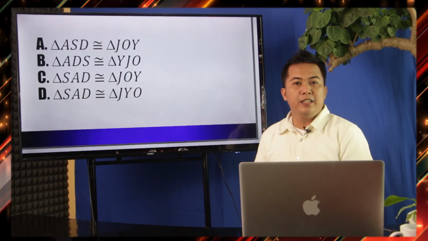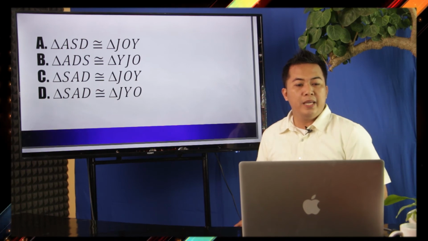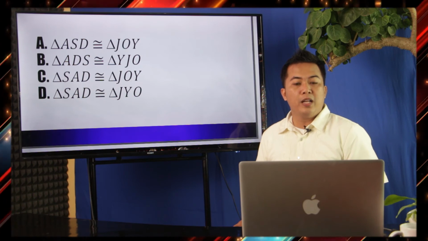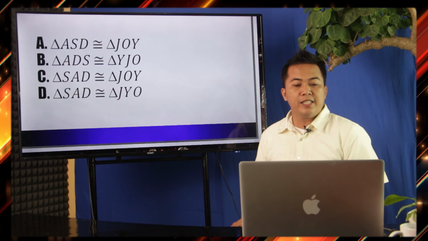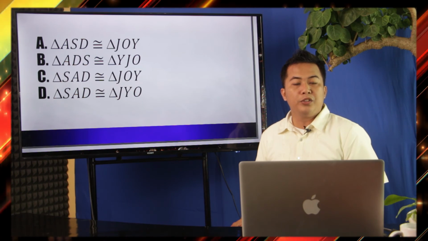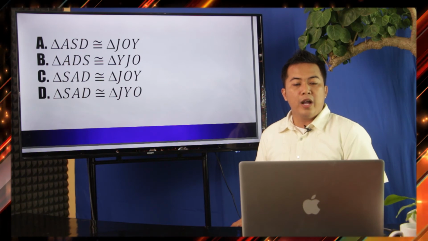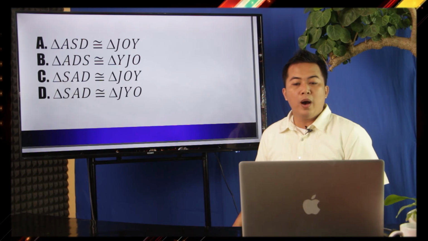A. Triangle SD is congruent to triangle JOY. B. Triangle ADS is congruent to triangle YJO. Letter C. Triangle SAD is congruent to triangle JOY. Letter D. Triangle SAD is congruent to triangle JYO.